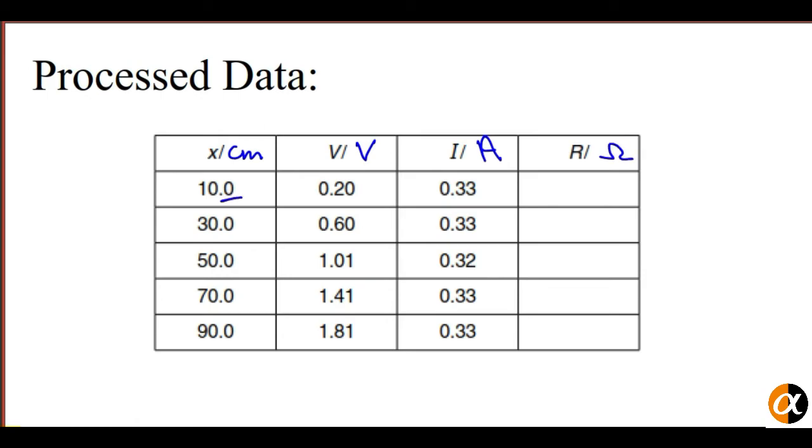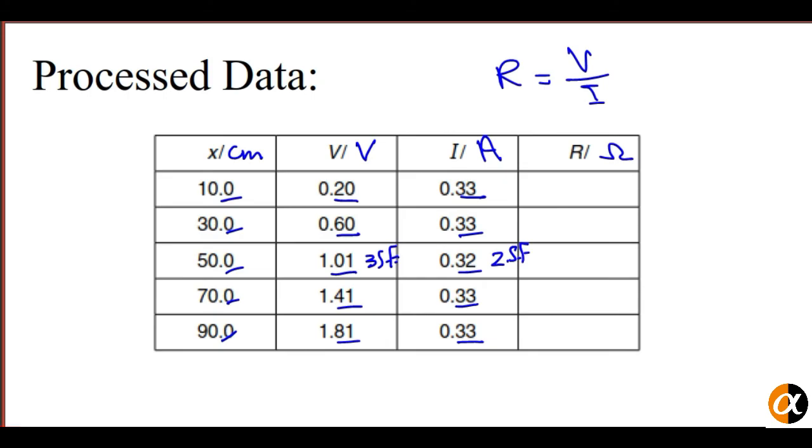As you see here in the table, all the readings are to the same degree of precision, to the hundredth in the volt, and again to the hundredth in the current. But when you calculate the resistance, which equals the voltage divided by the current, you will divide a number that has 3 significant figures by a number that has only 2 significant figures.